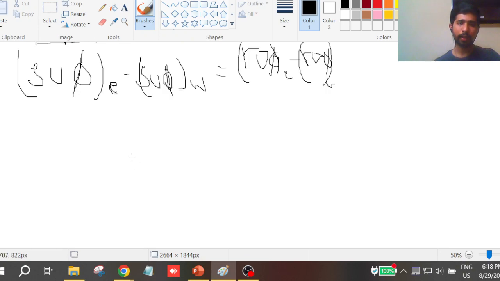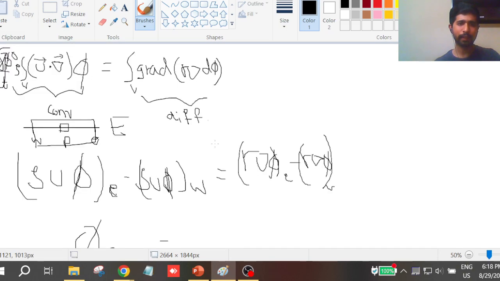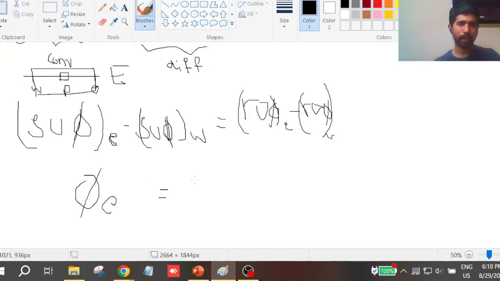We saw that there are upwind schemes. Phi at e, using the first order upwind scheme, is phi at capital U, the upstream, which is nothing but phi at P, assuming the flow is in the positive x direction.